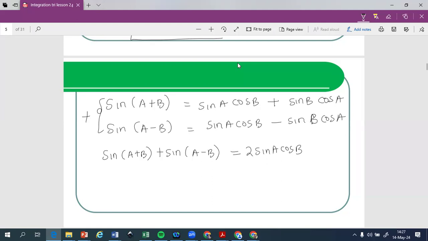So meaning that now I can summarize by removing the 2, and I end up with a half into sine of A plus B plus sine of A minus B is equal to sine of A cos of B. I want you to take note of that. Now, this is our third one.